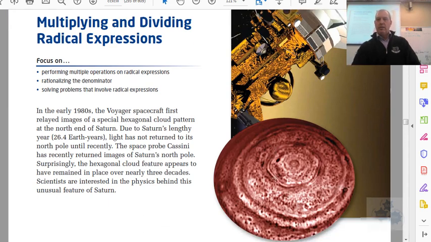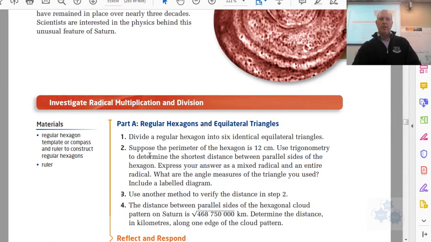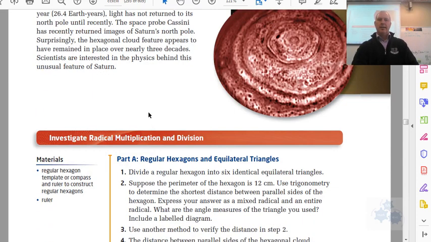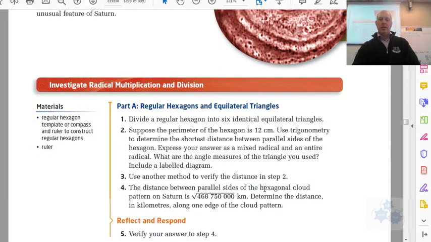So here you see this hexagonal cloud. What is it about a hexagon? Well, a hexagon has different angles and different side lengths. In this investigation, which we won't really do, we're going to explore the trigonometry with shapes like this.